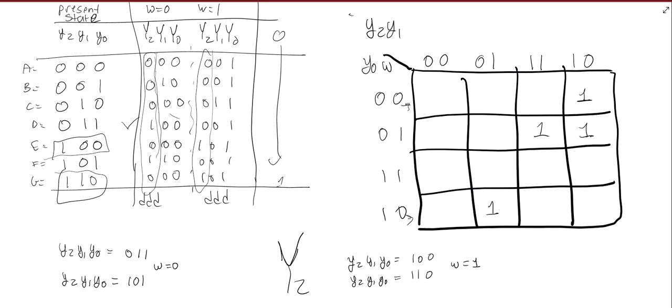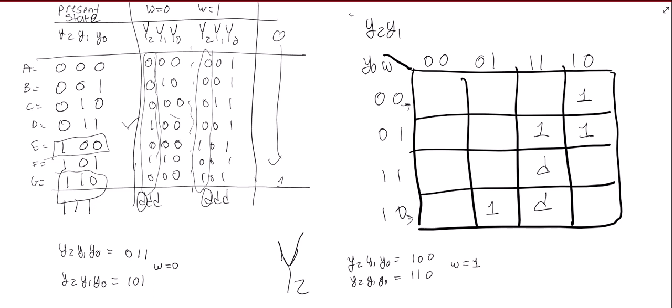So it looks like my Karnaugh map. Oh wait, I have my don't cares. I need to put my don't cares in. My don't cares are at 1, 1, 1. And so 1, 1, 1, so don't care, don't care.